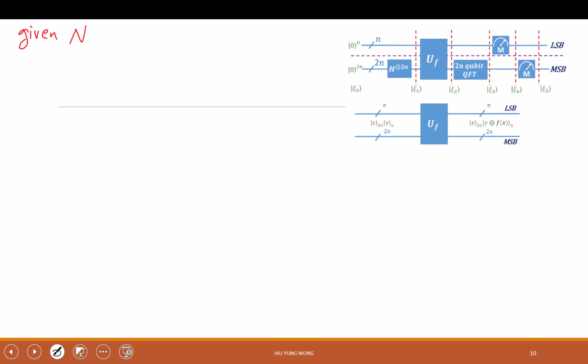Given a capital N, in this algorithm you need n qubits so that 2 to the power n is larger or equal to capital N. But that is not everything: you need 3n qubits. First you have capital N, then you find out how many qubits you need to represent it, and then times 3. That is the total size of your circuit.